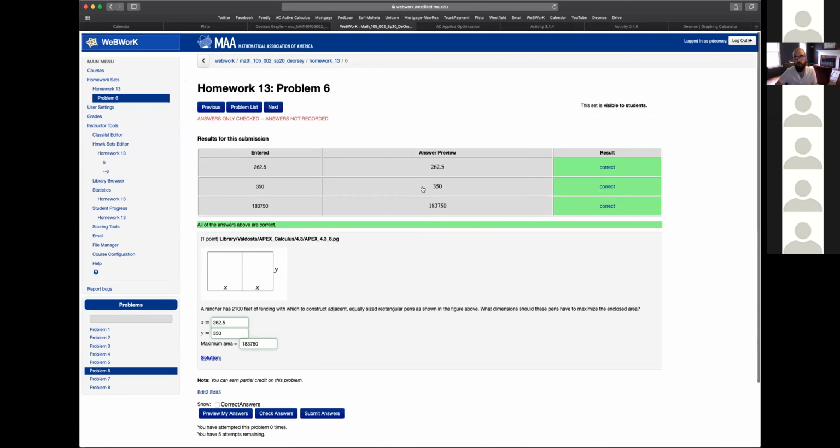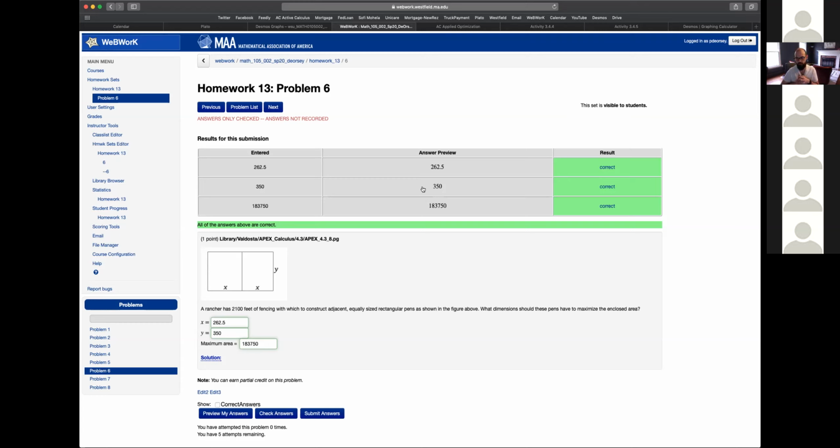Walking through that process, you can see there are a lot of different pieces involved, but the big picture was: we drew a picture, we had some constraints giving us restrictions on our problem, and we had an objective function, the thing we wanted to optimize.